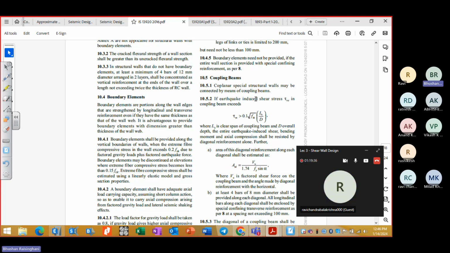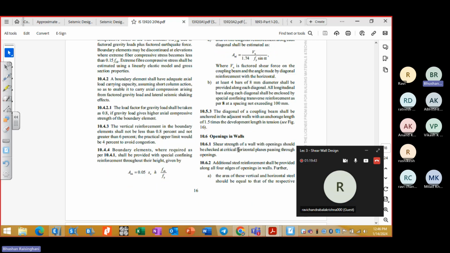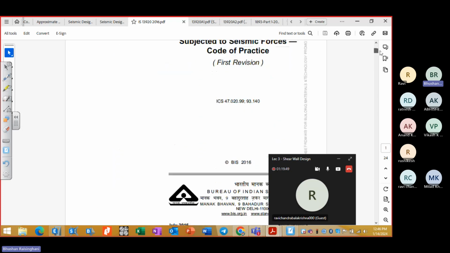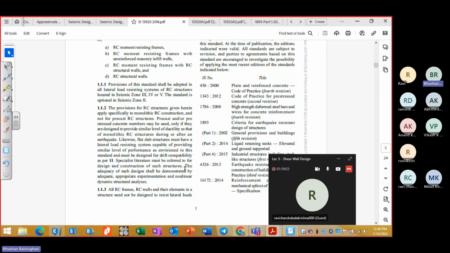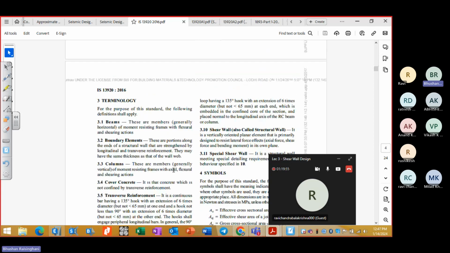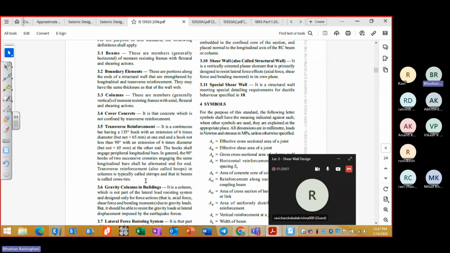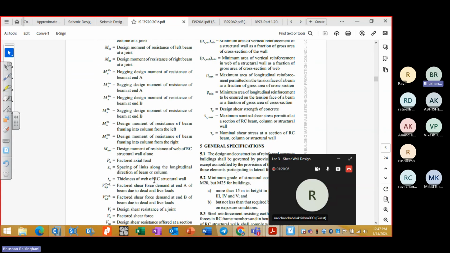If the earthquake-induced shear force in the coupling beam exceeds this... The definition of the coupling beam is not given in our code. Let me check at the beginning if they have defined the coupling beam. I don't think they have defined the coupling beam in our code.